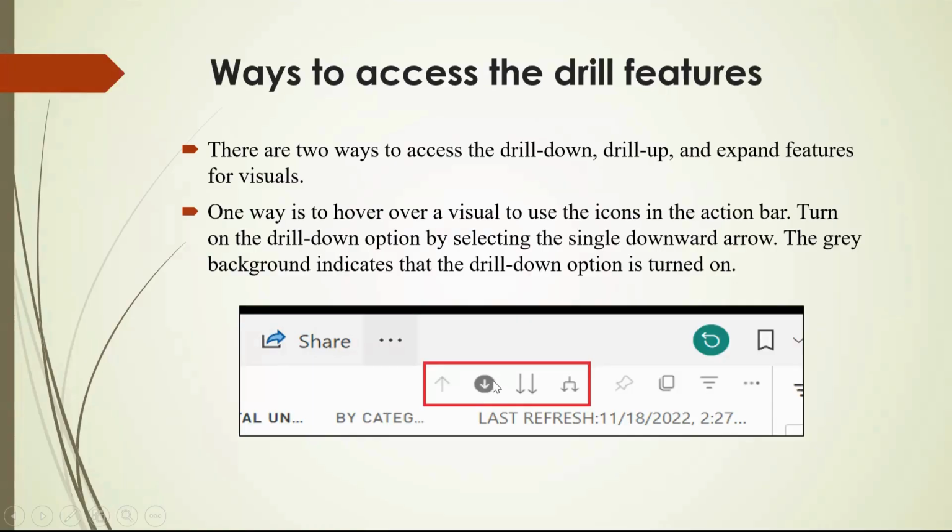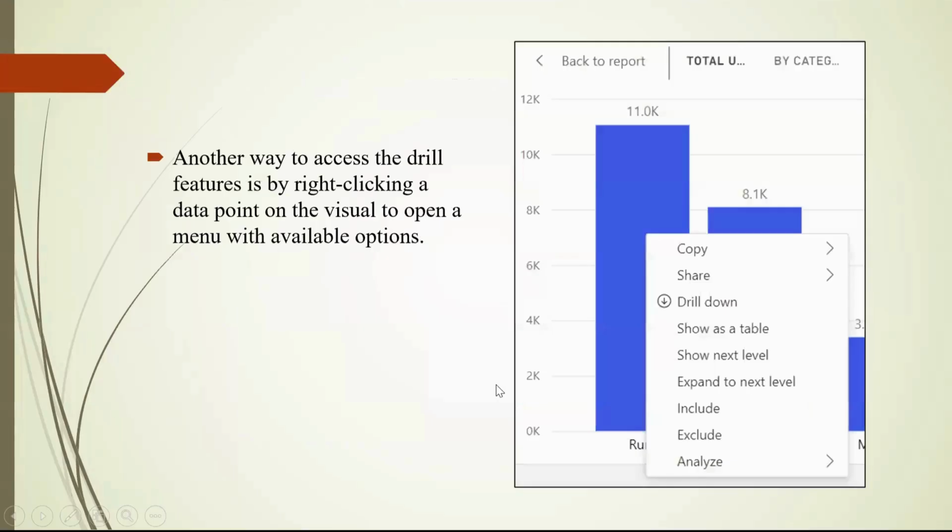By clicking on this option, you will be able to switch on the drill down mode, and this gray background indicates that the drill down option is turned on. And another way is just click on your visual and click on this drill down option, and you can see the drill down option will be displayed on your visual.